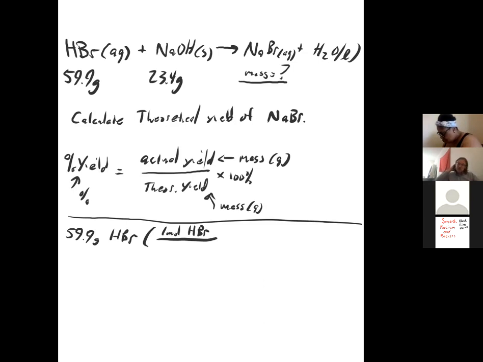Okay? Bromine and hydrogen, that would be 80.91 grams. Again, that's the molar mass. Okay, so 59.9 divided by 80.91.